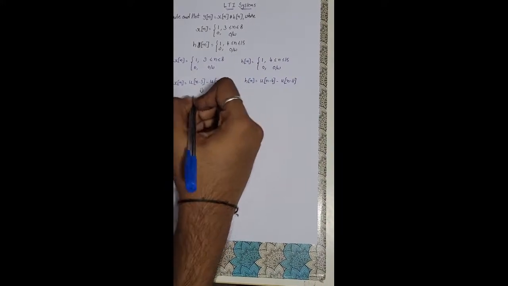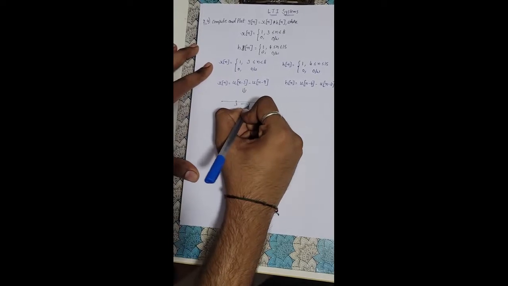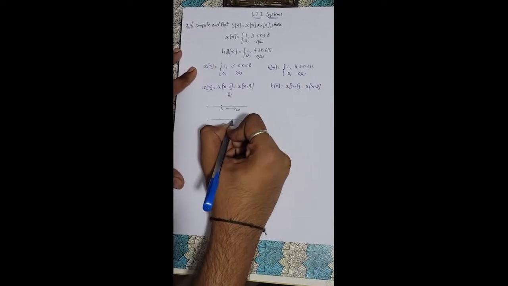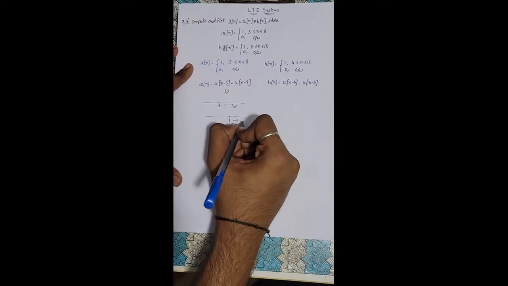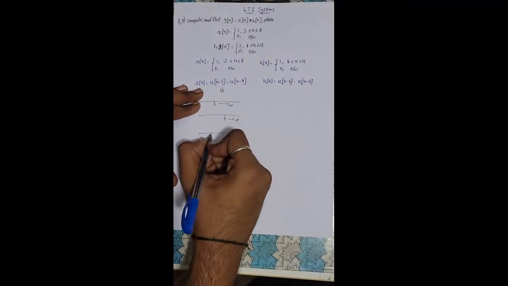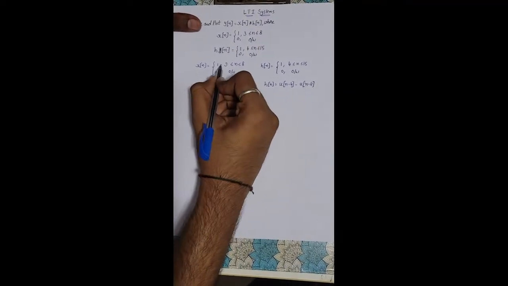Here u of n minus 3 means it will come from 3 to infinity, and u of n minus 9 means it will start from 9 to infinity. When we subtract these two signals, the value will be there from 3 to 8, where our x of n is only 1 for 3 to 8.